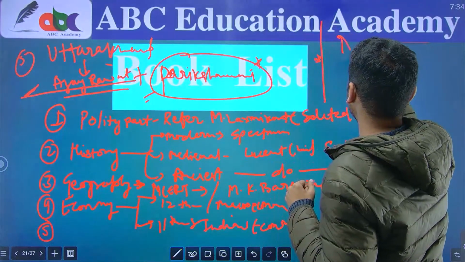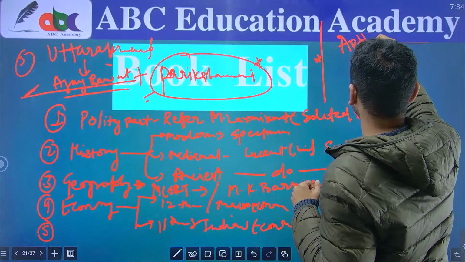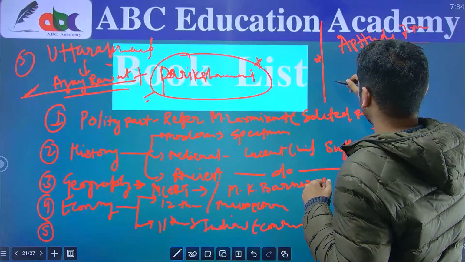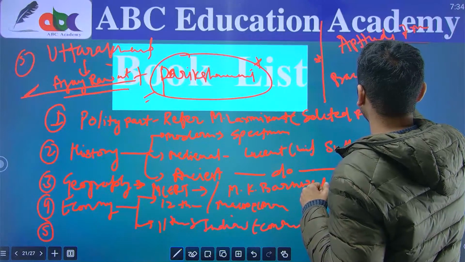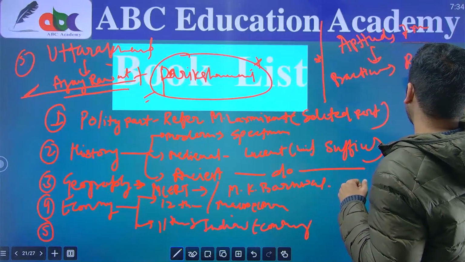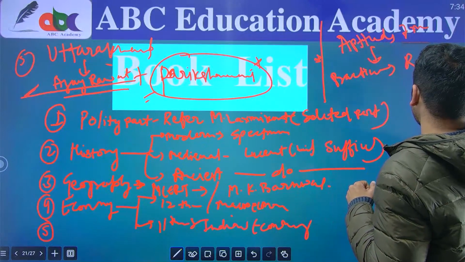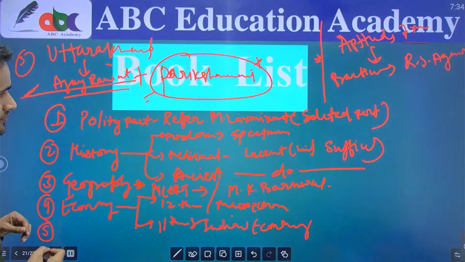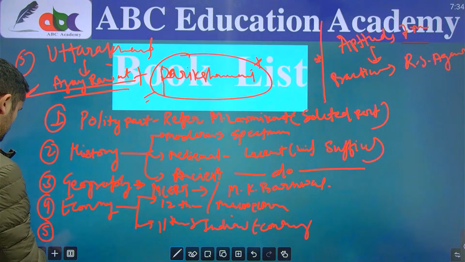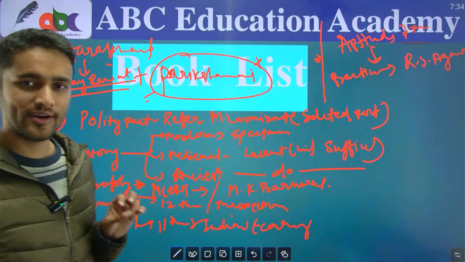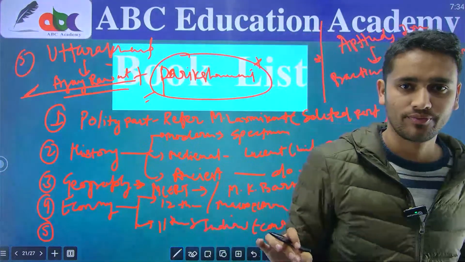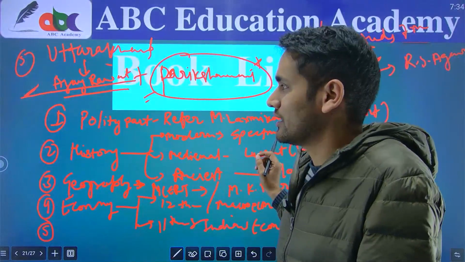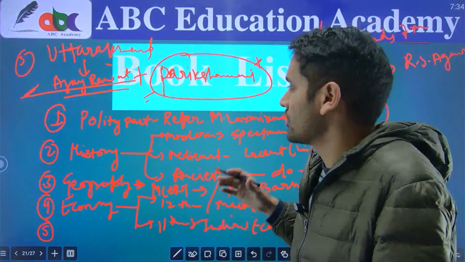For aptitude or maths practice, you can refer R.S. Agarwal. These are standard books, keep in mind. You don't need to cover them thoroughly right now because time is not that much.